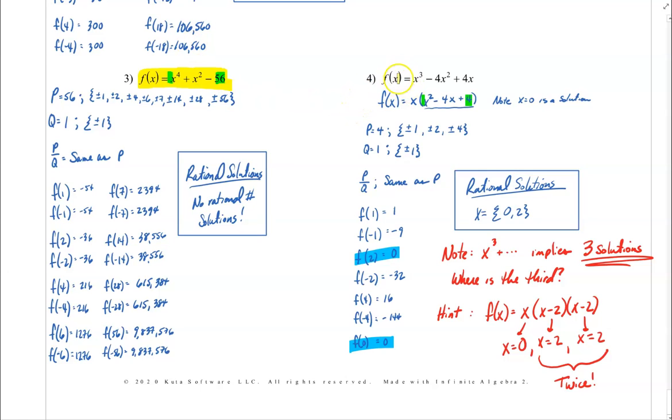Now lastly, in number 4, once we factored out our GCF of x, we are left with a quadratic inside here. And we can use the rational roots theorem in this particular case. When we use the rational roots theorem against this polynomial, we see that the potential solutions are positive and negative 1, 2, and 4. And as we investigate that list, we only find a solution at positive 2.